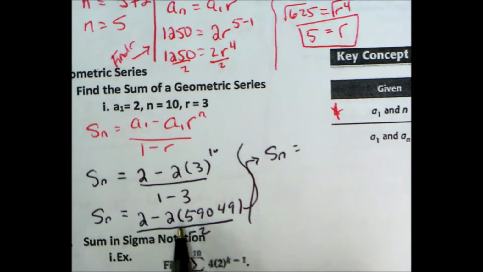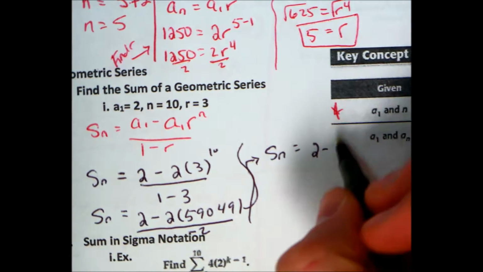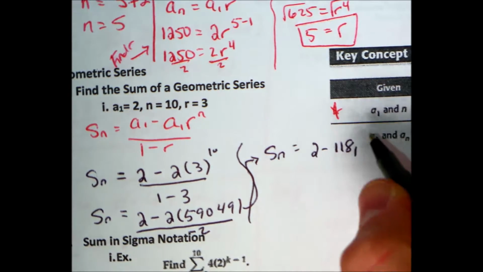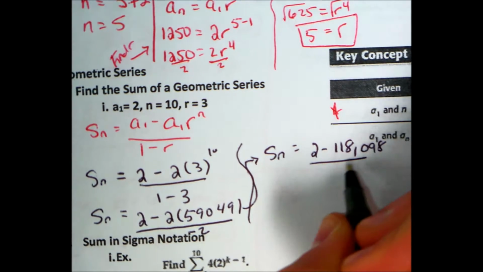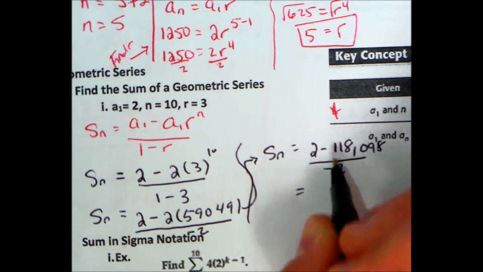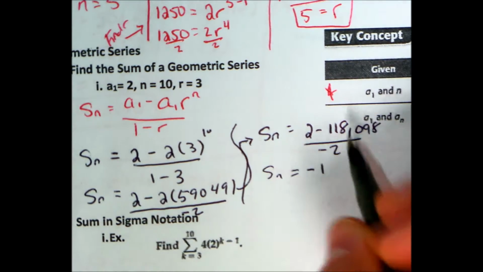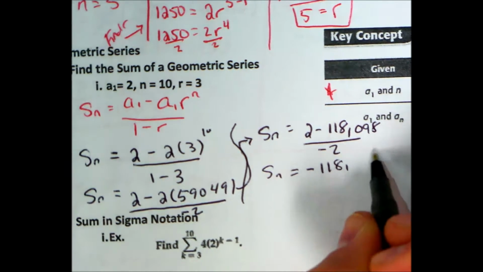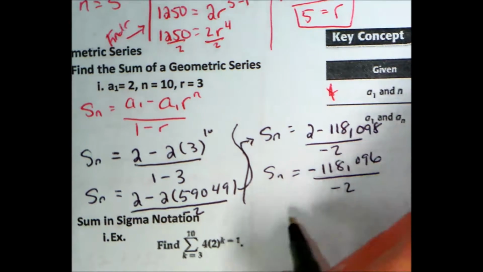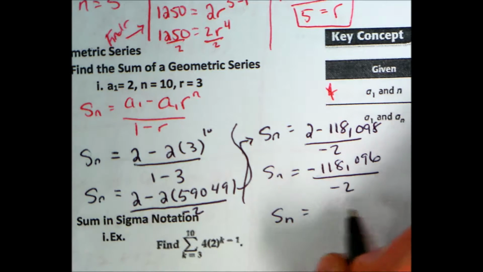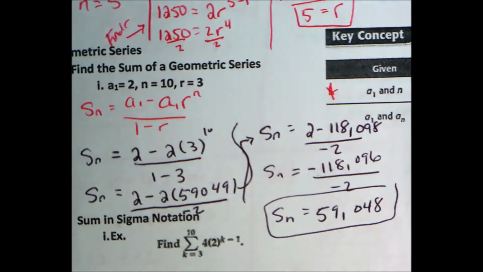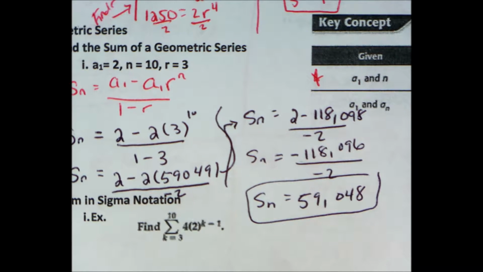So now I have 2 minus 118,098, all divided by -2. Do this subtraction first, so I have -118,096 divided by -2, and then the sum is 59,048. So it's just a lot of simplifying once you put the numbers into the correct formula. This is kind of part 5.